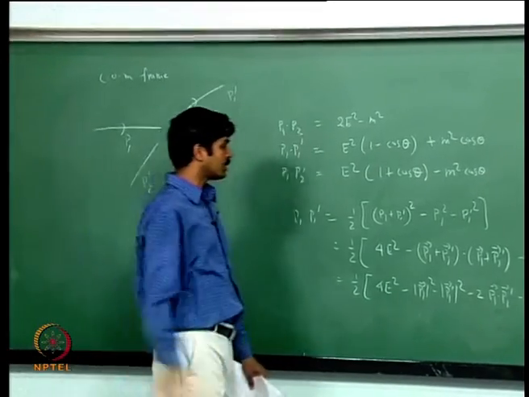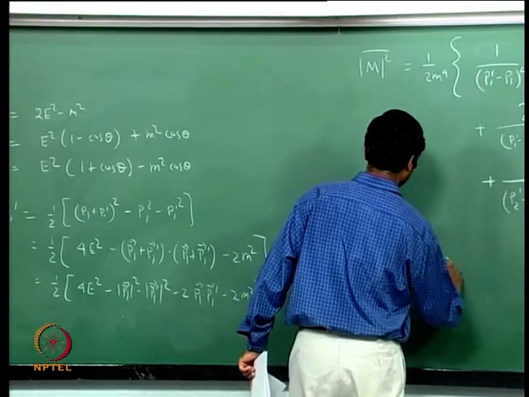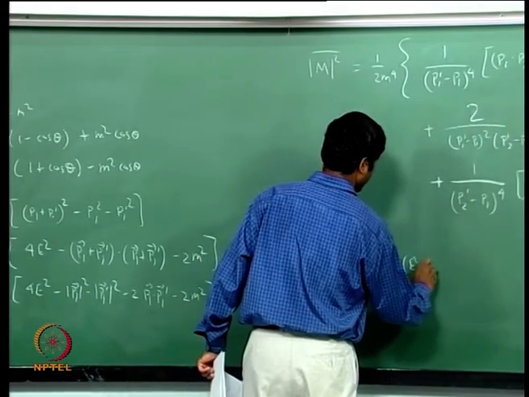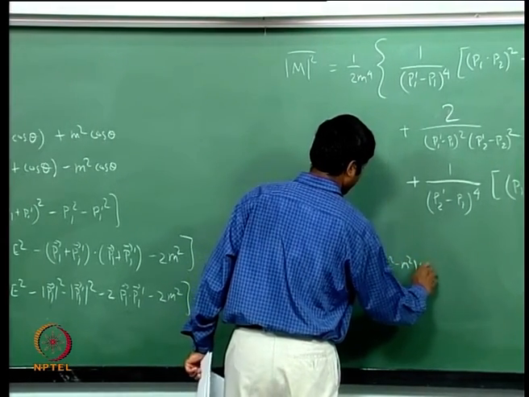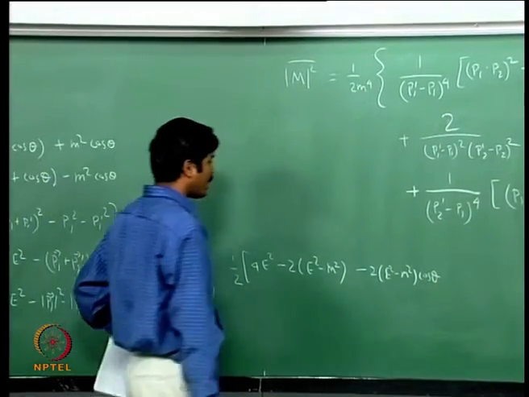It is cos theta. So, minus twice E square minus m square cos theta, and then minus 2 m square.